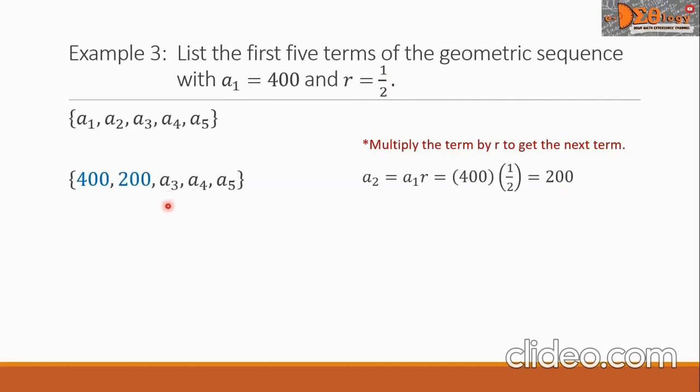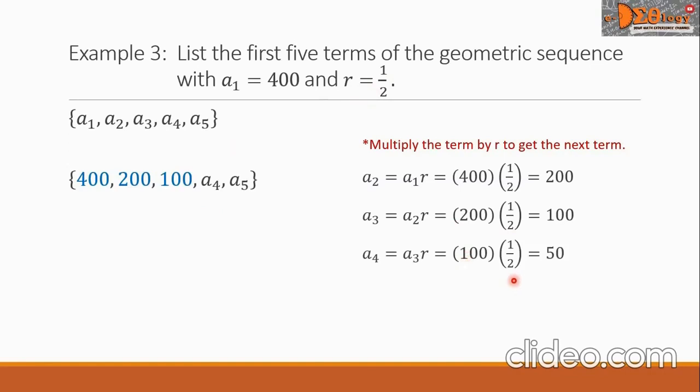Next, the a sub 3 can be found by multiplying this 200 to the common ratio 1/2. And our answer is 100. Let us substitute this 100 to a sub 3. To get a sub 4, we will multiply this 100 to the common ratio. So that is 100 times 1/2 is 50.